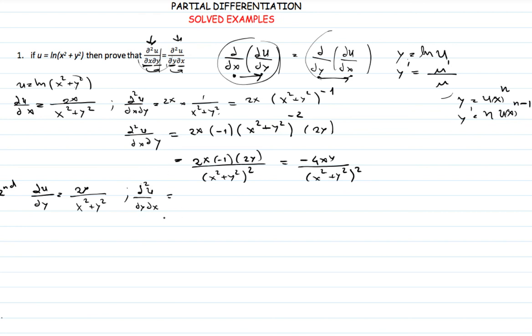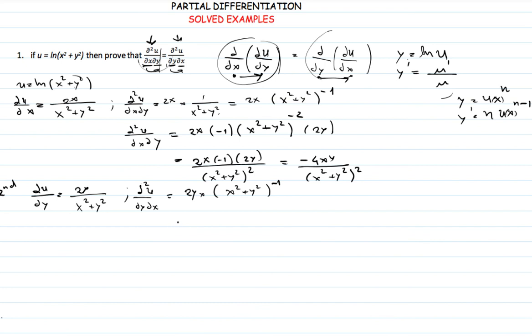So how is it going to be? This is basically the same thing we have done for the first case. What we have to do is just to take this denominator and put it up so we can solve it easily. But we have to notice now that as we're taking this function now with respect to x, this y becomes a constant. So we're going to have 2y into, when this comes up, becomes x squared plus y squared raised to minus 1, as we did in the previous case.